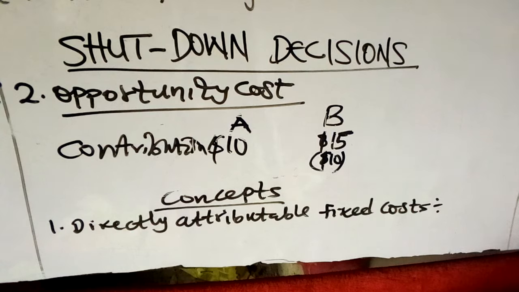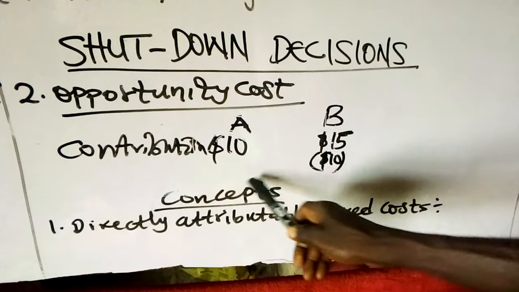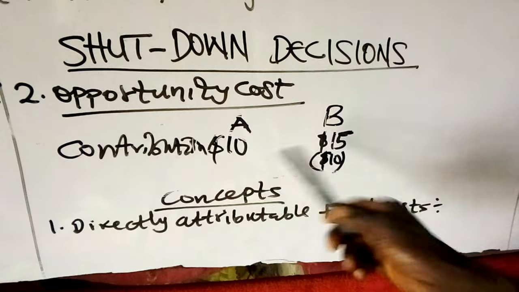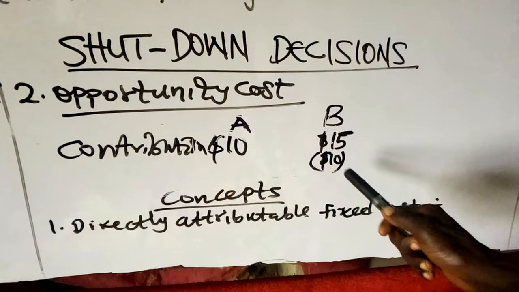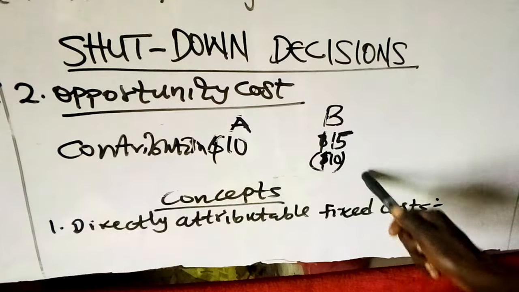So now I want to illustrate it. I want to look at different concepts of opportunity cost. Number 1, where you are considering whether to sell an existing material or to use it in production. You either choose to sell it or to use it in production.